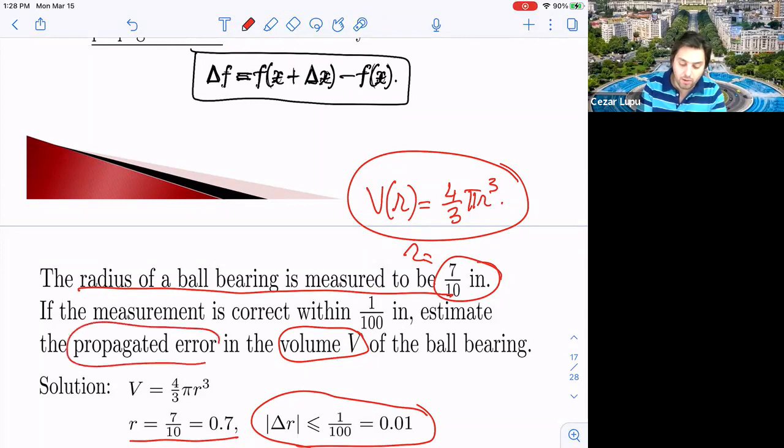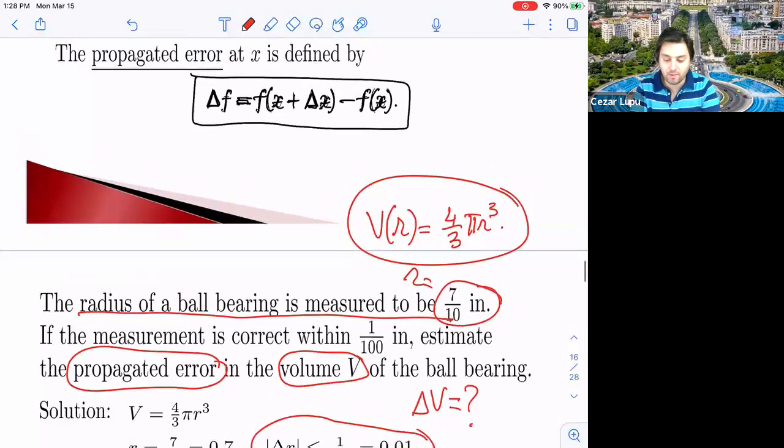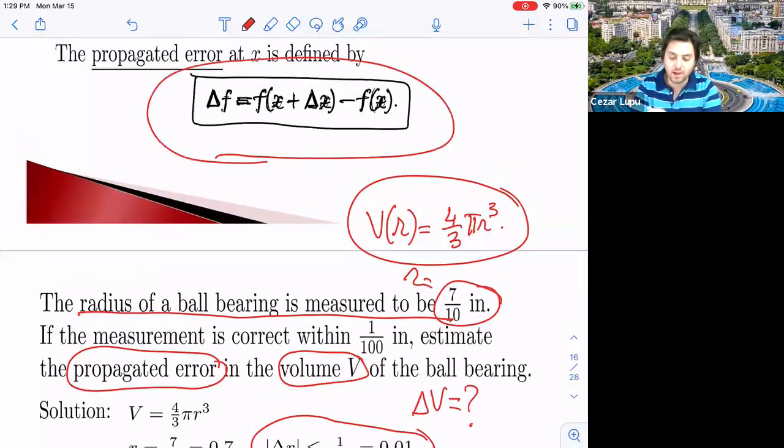But now we would like to estimate the propagated error in the volume. So when we hear about the propagated error in the volume V, we would like to estimate delta V. So in other words, what is delta V? Look above. See the propagated error?